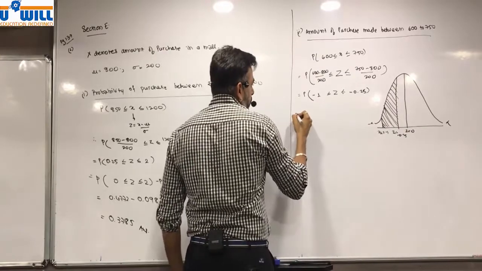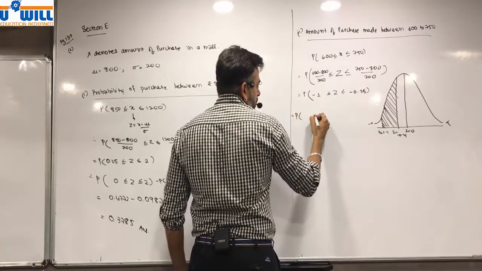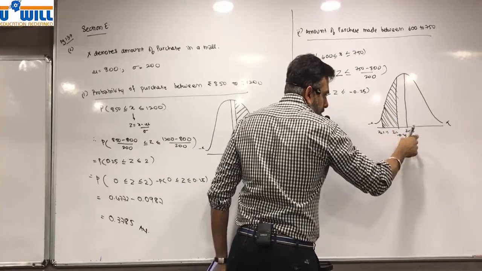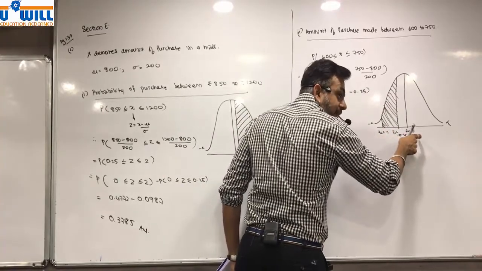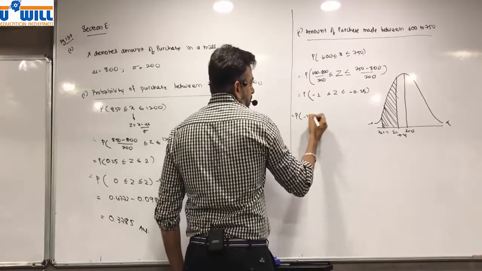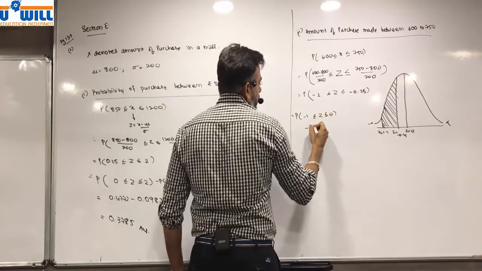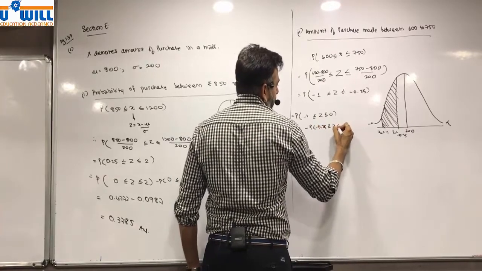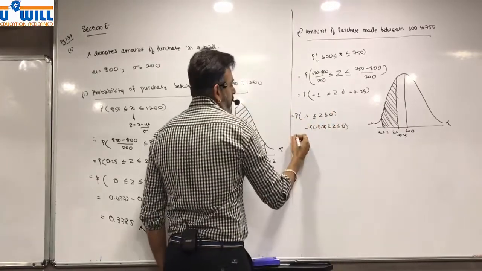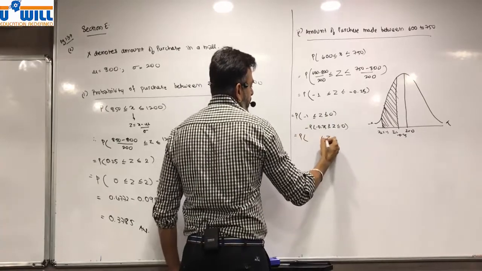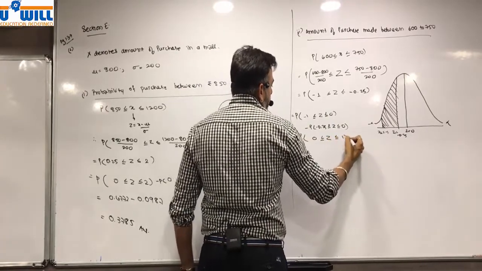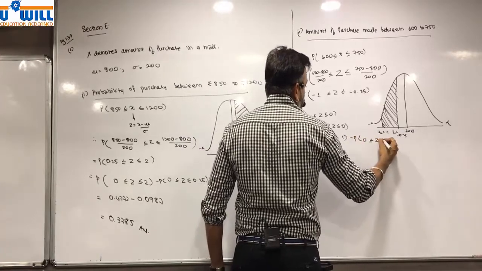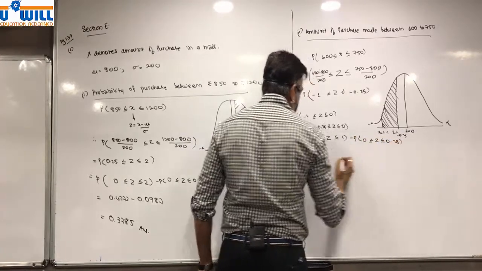So how will we find it? From -1 to 0, minus -0.25 to 0. So probability of Z from -1 to 0 minus probability of Z from -0.25 to 0 is equal to probability of Z between 0 and 1 minus probability of Z between 0 and 0.25.